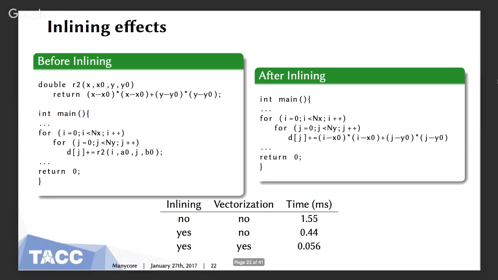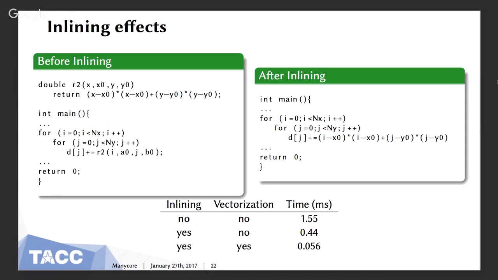Let's just see an example of what inlining looks like. On the left here, I have before inlining, I have my function defined, R2. It may or may not be in the same source file as the main function where it gets called. Not worrying about that at the moment. And then down in this loop here, you can see that function getting called over and over again.